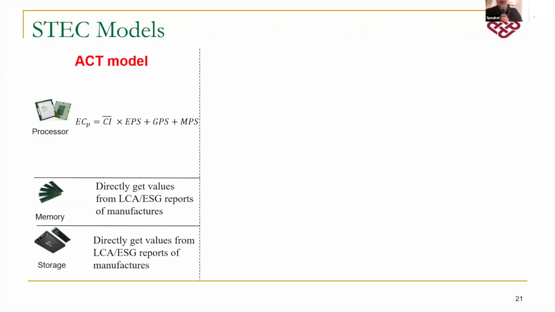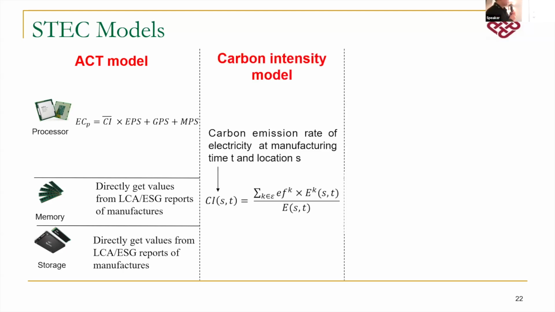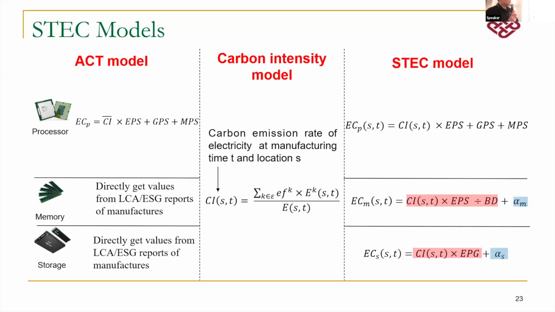Here are the details of STACK models, which are based on the ACT model and the carbon intensity model. Through the carbon intensity model, CI, we can get the carbon emission rate of electricity at the manufacturing time T and the location S. Then the STACK can be calculated.